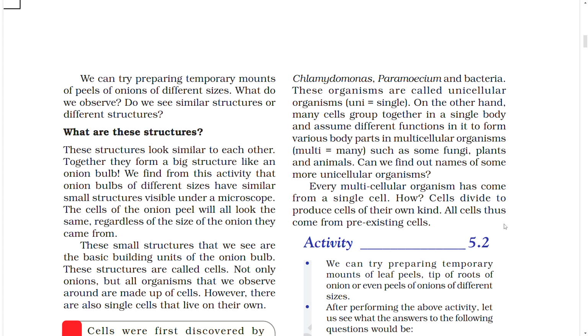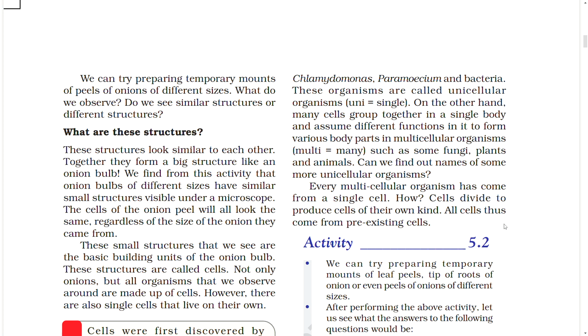On the other hand, many cells group together in a single body and assume different functions in it to form various body parts. These are multicellular organisms, multi equal to many, such as some fungi, plants and animals.